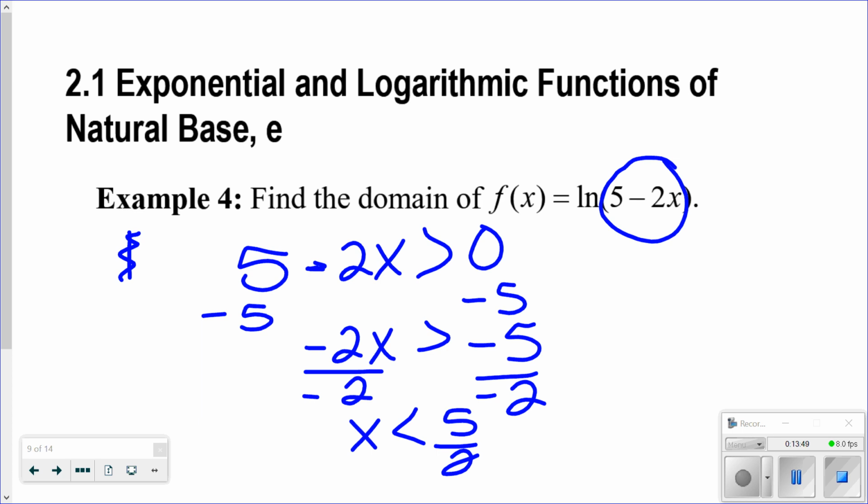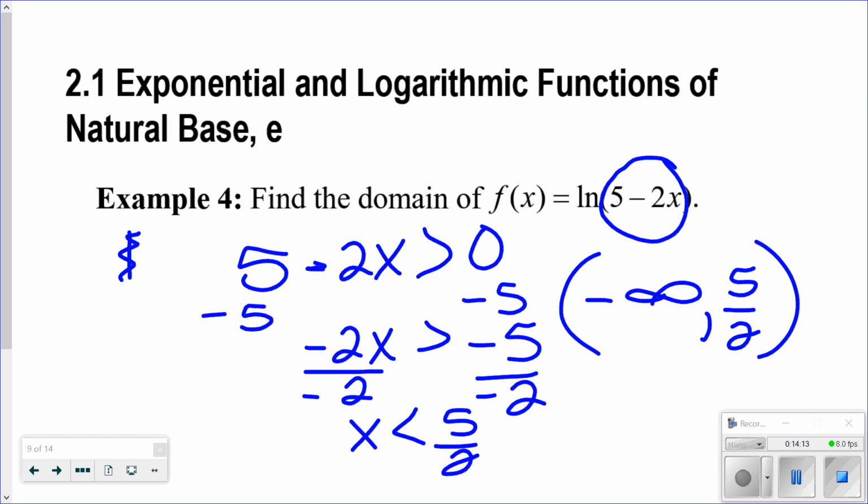So I have that x has to be less than 5 halves. So x is some number less than 5 halves. That is your domain. You could also write that as negative infinity to 5 halves. And there would be parentheses on both sides of that.